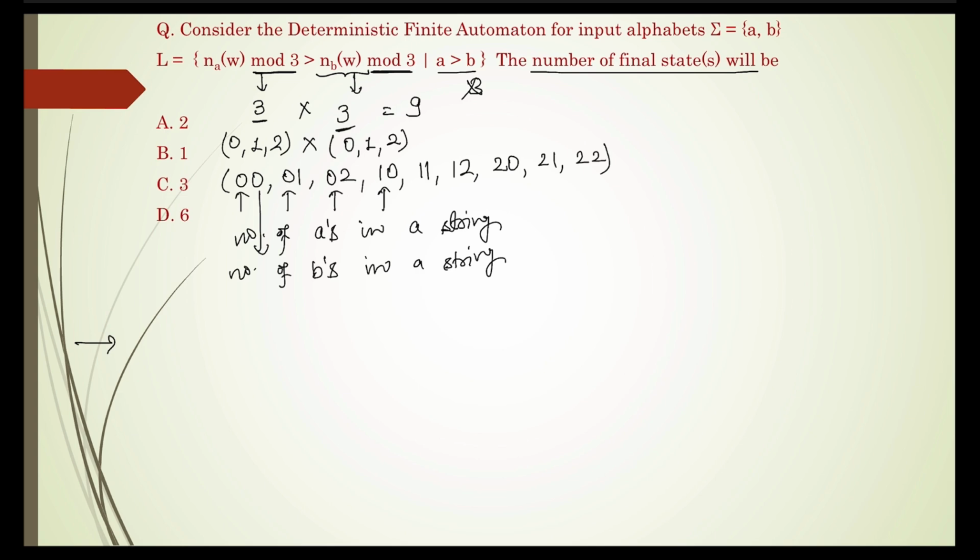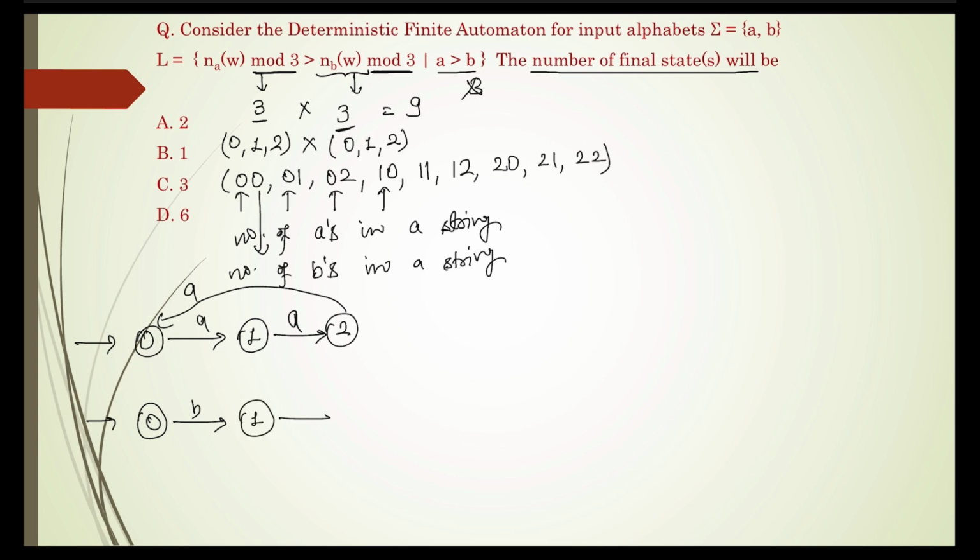When we construct the DFA for number of A in W mod 3, this will be our DFA. For number of B in W mod 3, our DFA will be this.